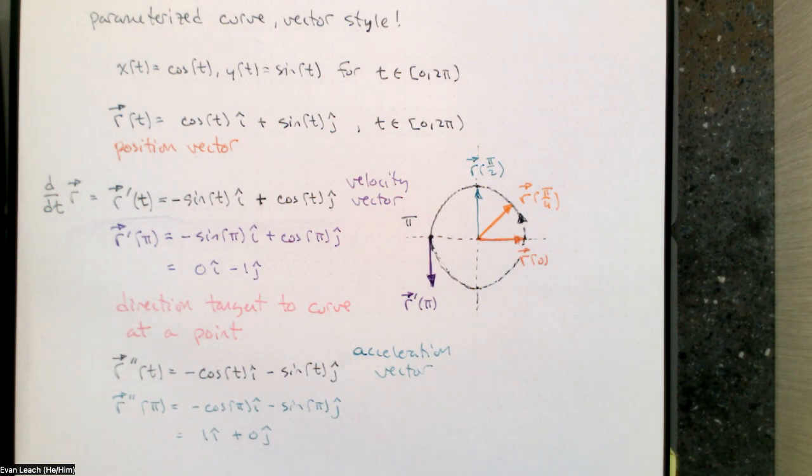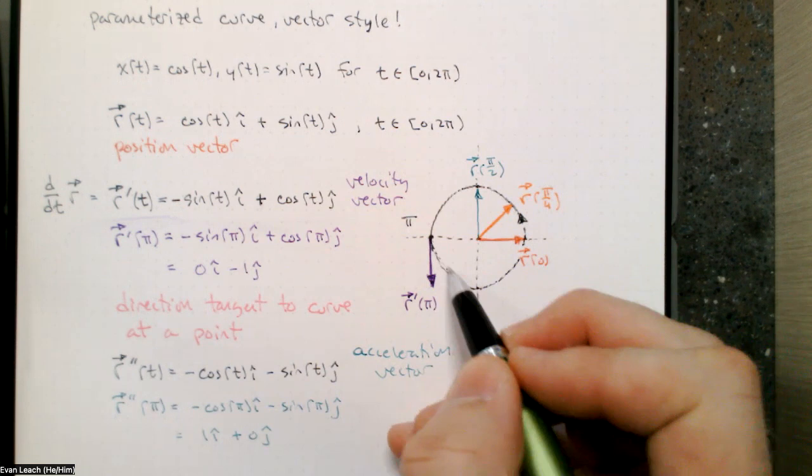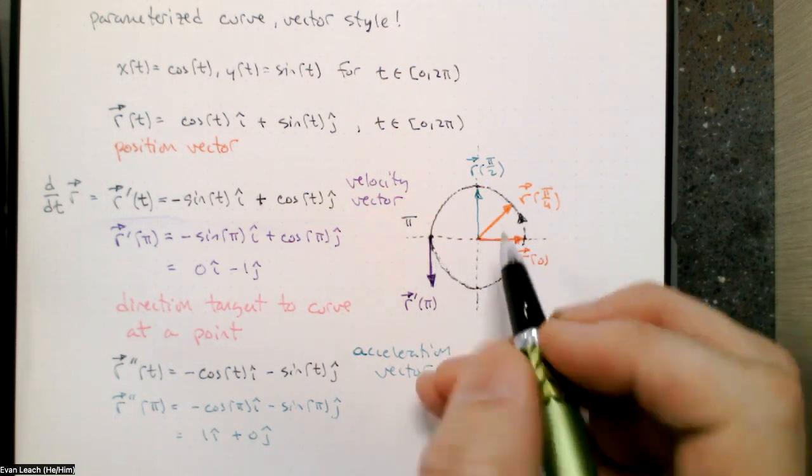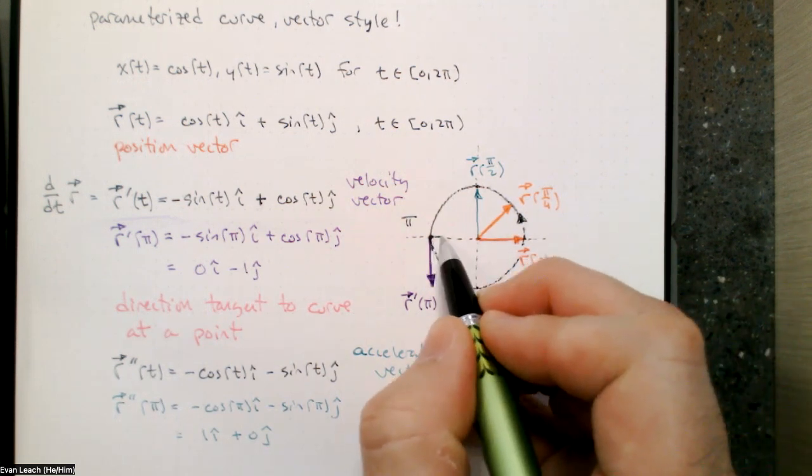So we see our velocity vector tangent to the curve. Our acceleration vector is pulling this velocity around. So it's going to have to be pointing back towards the center.